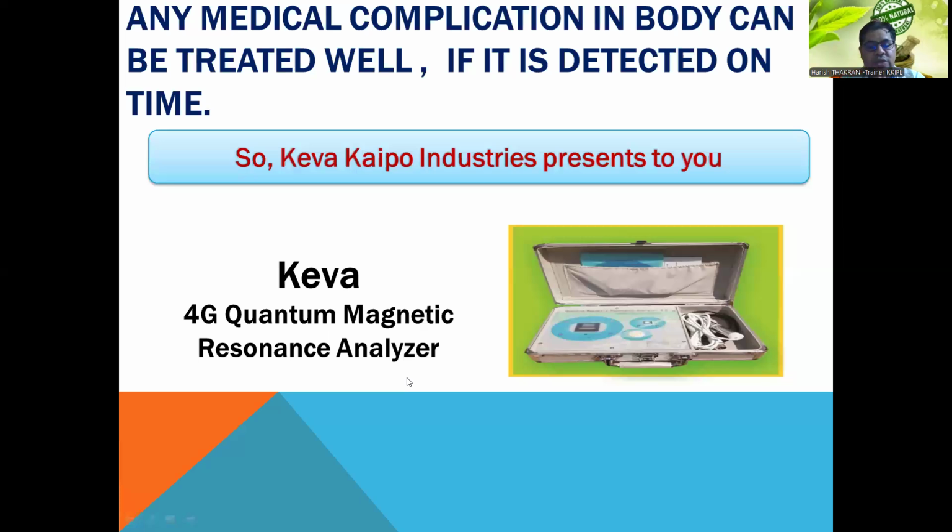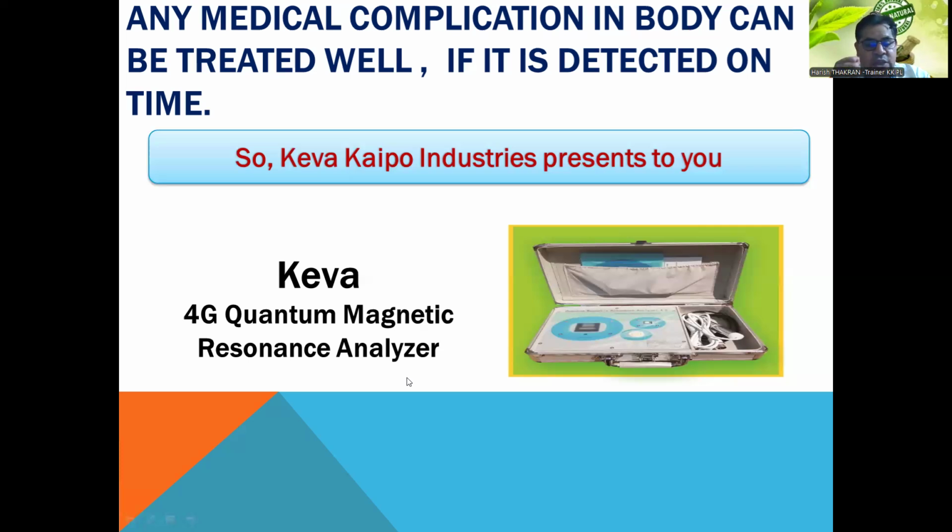Our main focus is selling Kiva supplements with the help of the Kiva 4G QMRA machine. Because if you conduct health checkups with the 4G machine, you will get more and more sales, as this machine helps in convincing your customer that he or she needs supplements for his or her health.